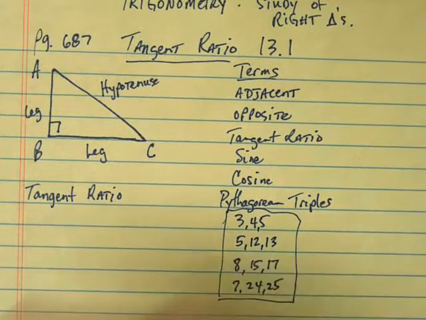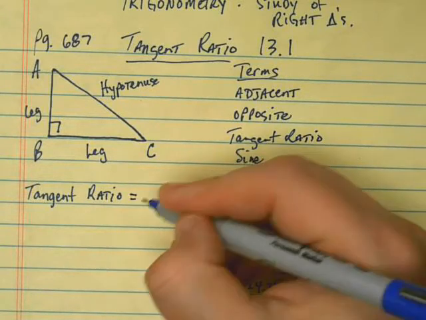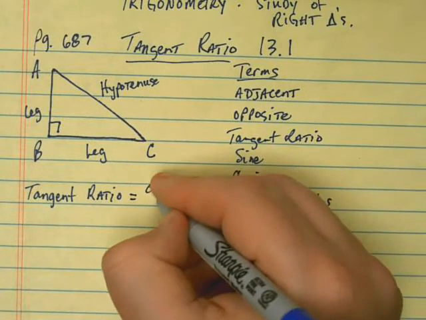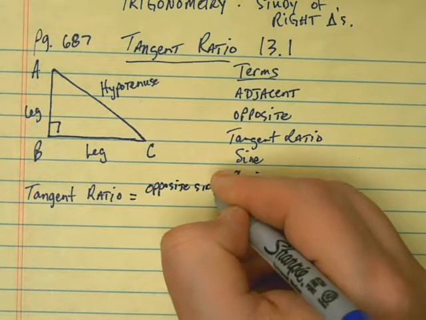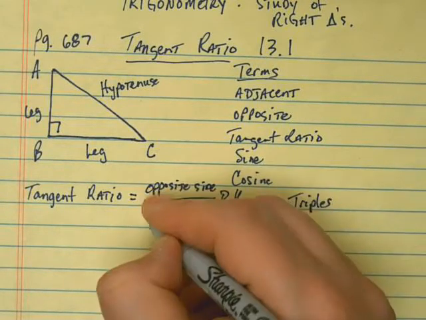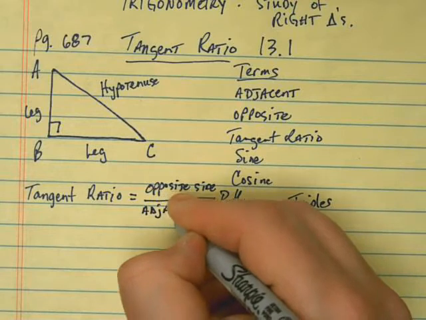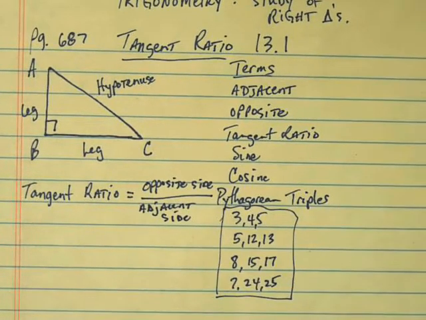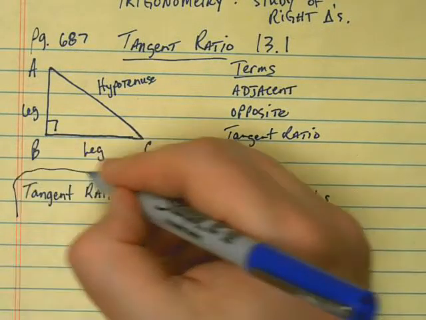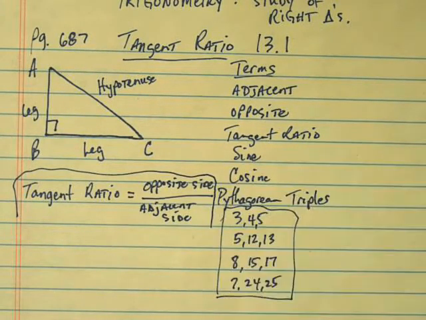The tangent ratio is the opposite side over the adjacent side. That is the tangent ratio. The opposite side over the adjacent side.